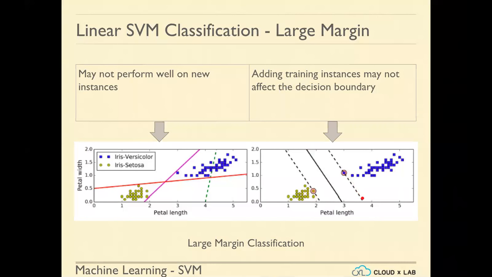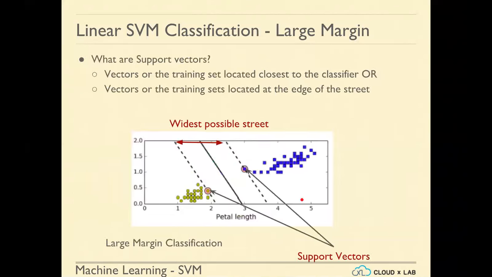These are called the support vectors. So adding new training instances will not touch this kind of line. Let's say we added one more training instance, and so on. It may not change this. While here, if the new training instance is going to be here or here, then we need to update the model.